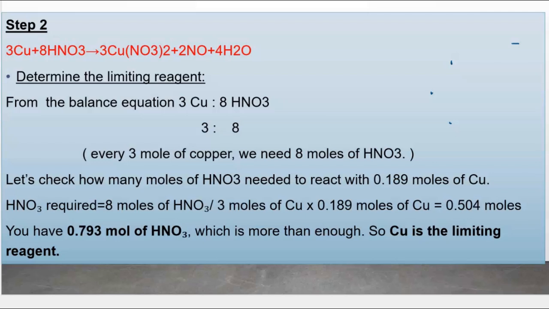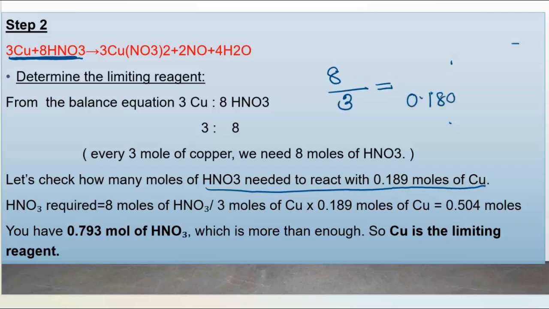Based on the chemical equation given, 3 moles of copper react with 8 moles of nitric acid. Therefore, let's check how many moles of nitric acid are needed to react with 0.189 moles of copper. So, 3 moles of copper react with 8 moles of nitric acid. Therefore, 0.189 moles of copper reacts with how many moles of nitric acid?